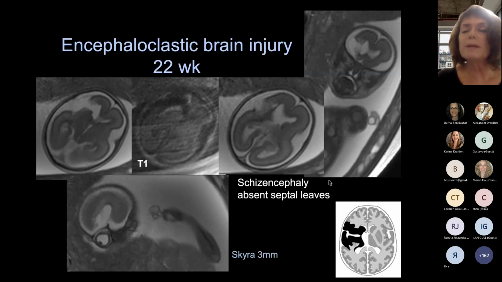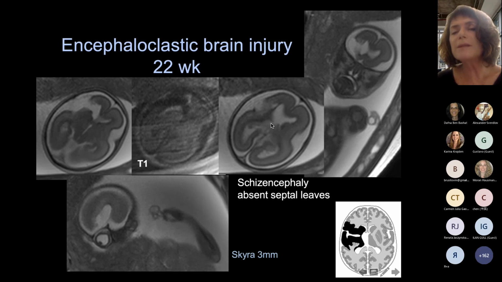Just to touch base on a few other differences, if it's before 24 weeks of gestation, if this is going into the early brain injury, when we do not have the ability to have gliosis, then we can develop the very typical schizencephaly. And here we can see on the T1 weighted images a little bit of hyperintense T1 signal to demonstrate some blood. And you can also see the very typical absence of the leaves.